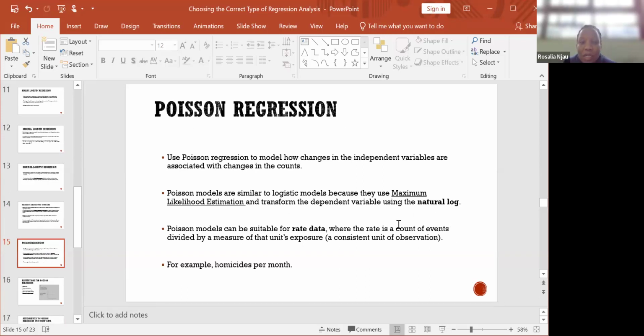Poisson models can be suitable for rate data, where the rate is a count of events divided by a measure of unit exposure, a consistent unit of observation. For example, homicides per month, or the other example we saw, mortality per time range.